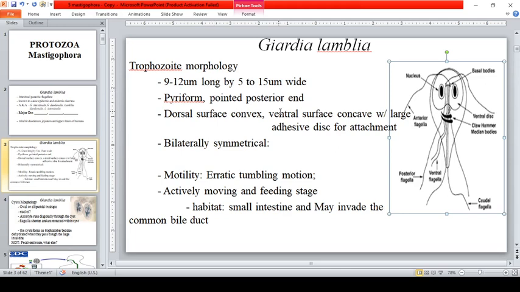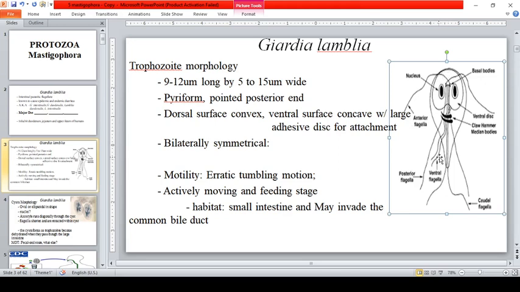It is piriform, with a pointed posterior end. The dorsal surface is convex, and the ventral surface is concave.